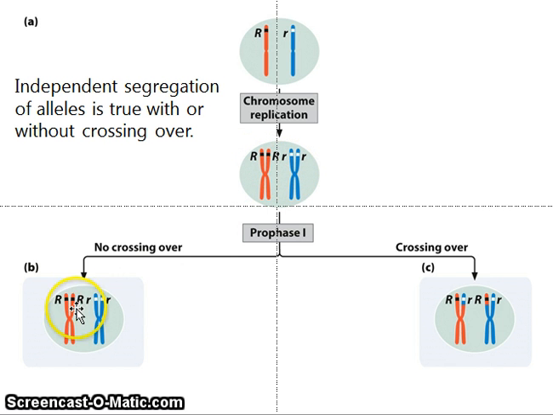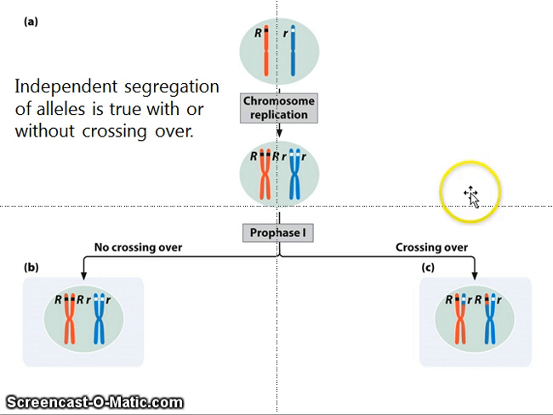Here we have no crossing over between our homologous chromosomes. Here we do have some crossing over where this little r has switched places with this big R. Okay? So now on our sister chromatids, one has a big R and one has a little r. That's what crossing over does.